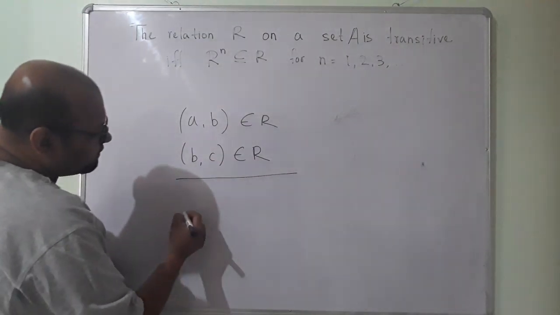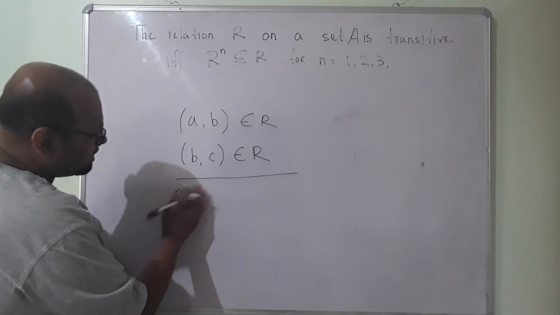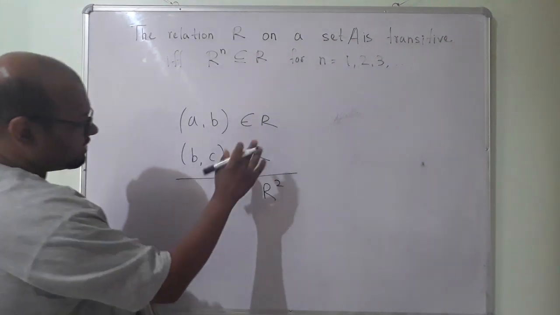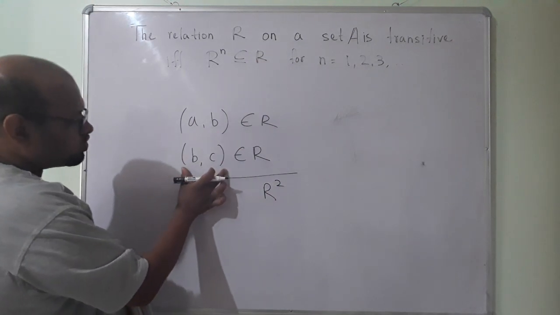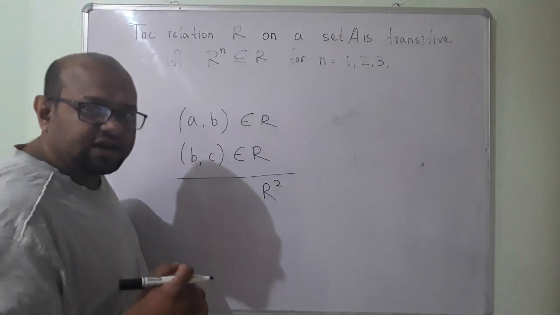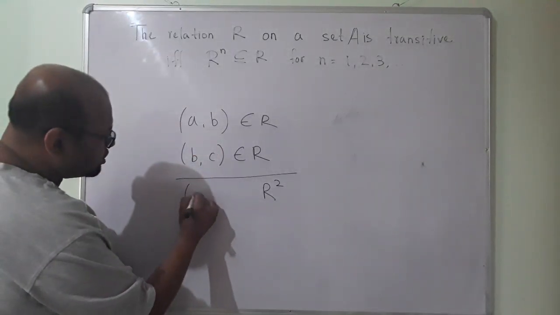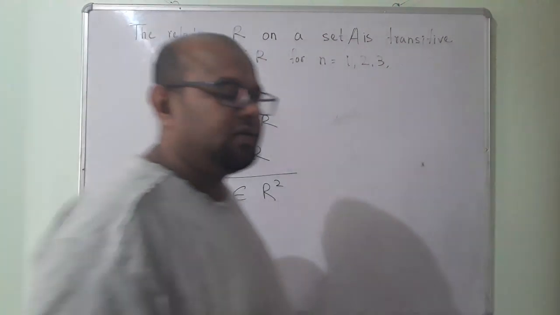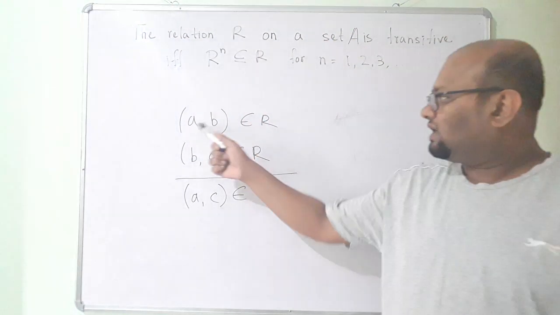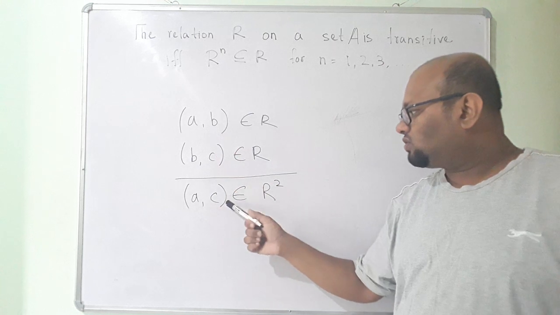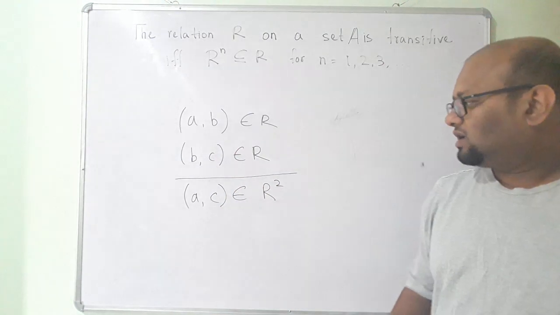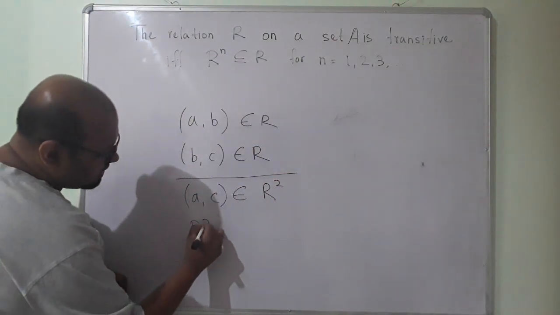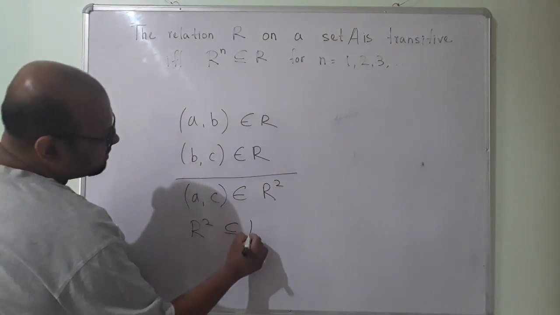By definition of R square, if these two belong to R, then the composition of R and R would contain them. So AB, BC means AC would belong to R square. Now R square, I know, is a subset of R.